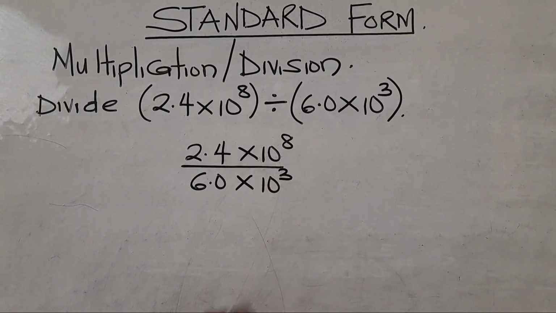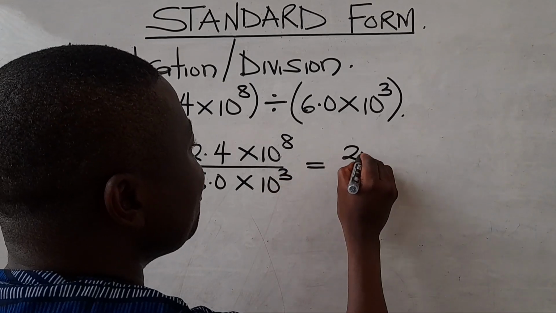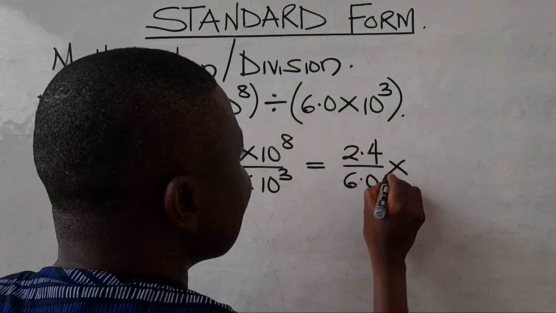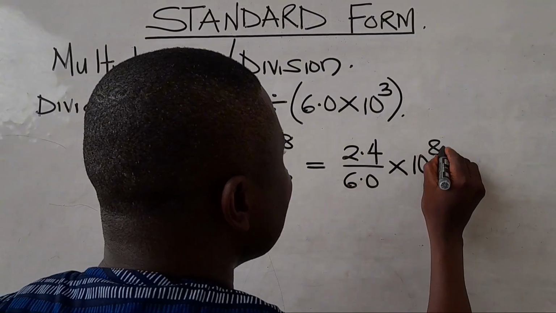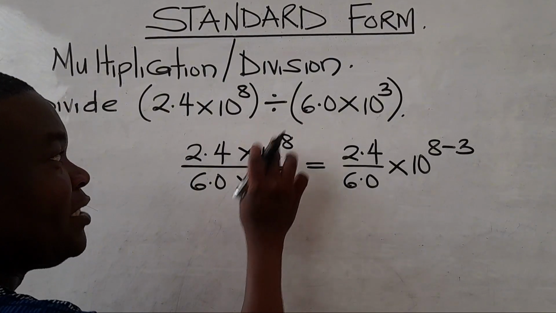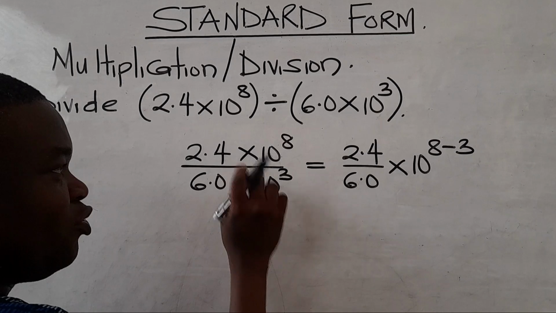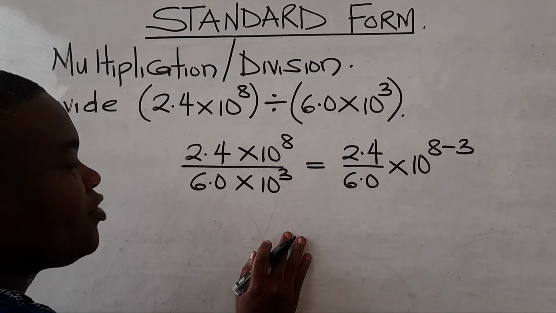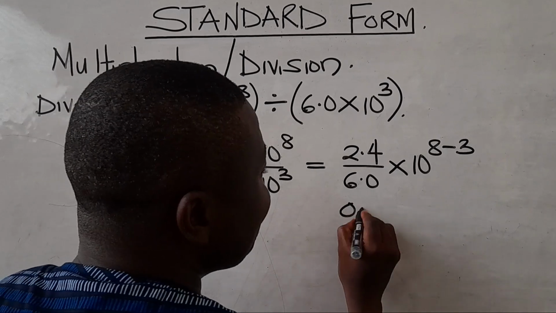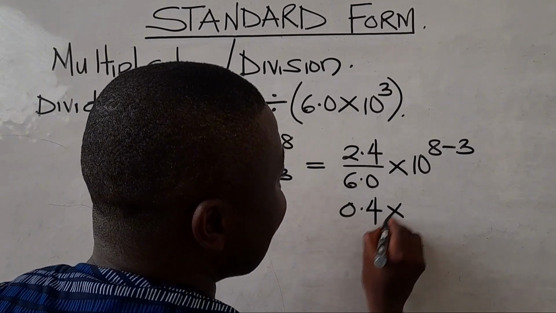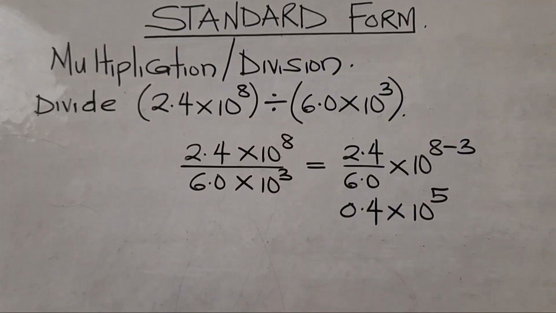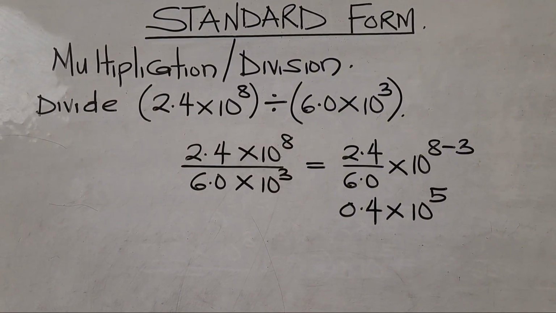We can move it to this place: 2.4 divided by 6.0 times 10 to the power 8 minus 3. Why? As in indices, we've broken it down. If you divide 2.4 by 6.0, you have 0.4 times 10 to the power 8 minus 3, which is 5.